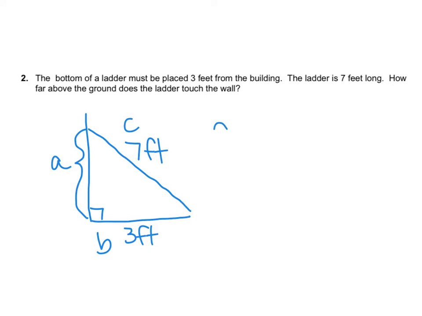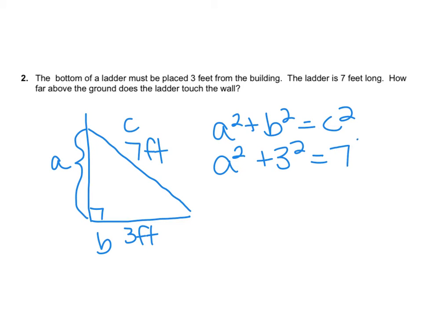So we'll plug it in. A squared plus B squared is equal to C squared. So I don't know A squared, but I have 3 squared and 7 squared. So A squared plus 9 is equal to 49. And we'll continue solving.